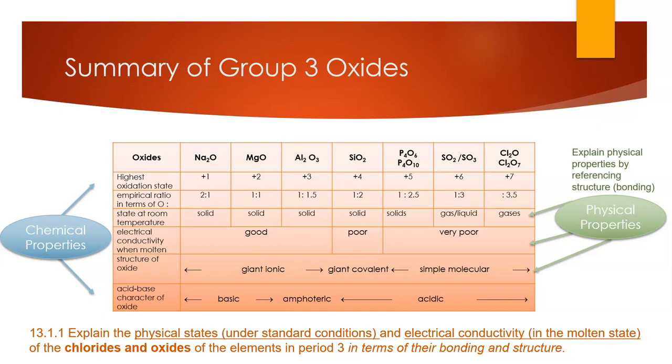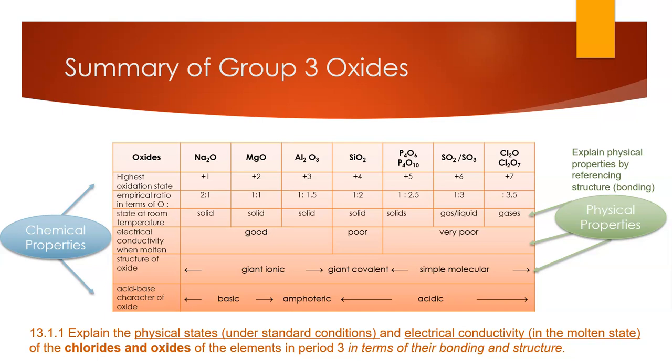The empirical ratio in terms of oxygen changes as we move across with no set pattern. At room temperature, we have solids up until we hit the phosphorus waxy solids, then SO2, SO3 are gases or liquids, and Cl2O and Cl2O7 are gases at room temperature.